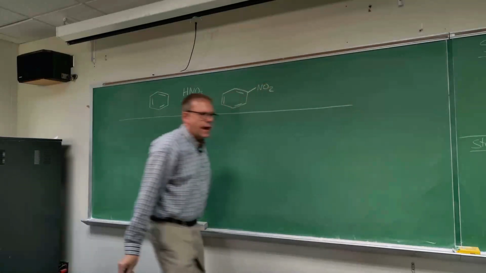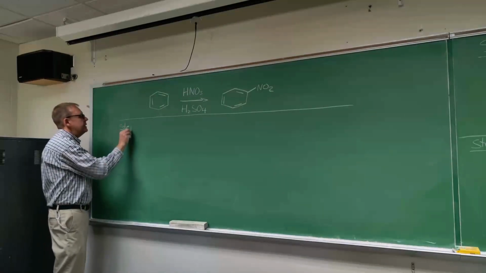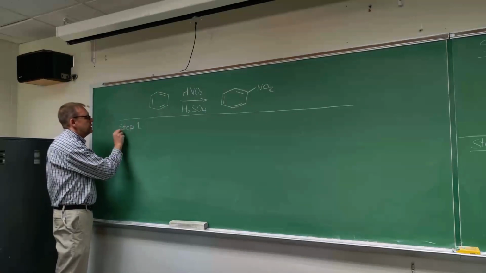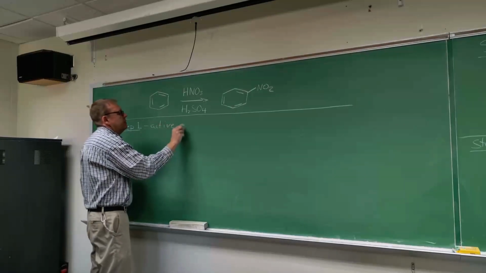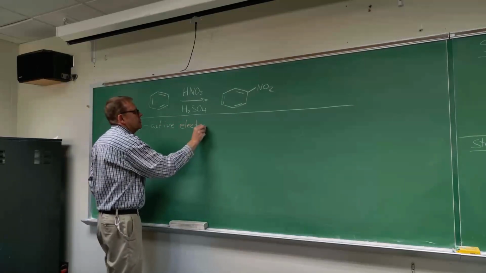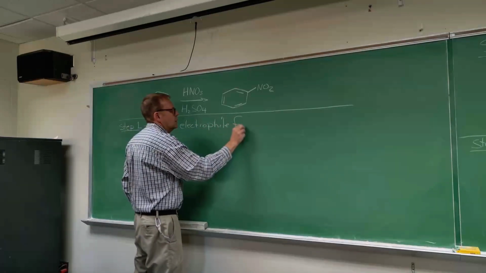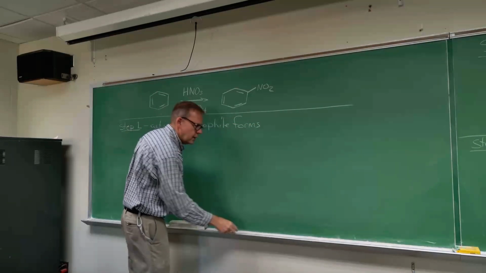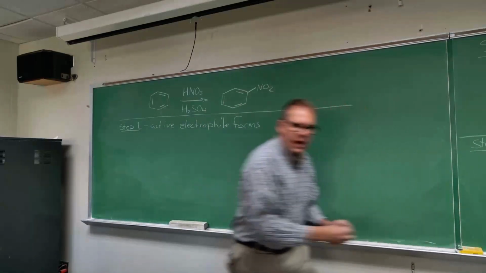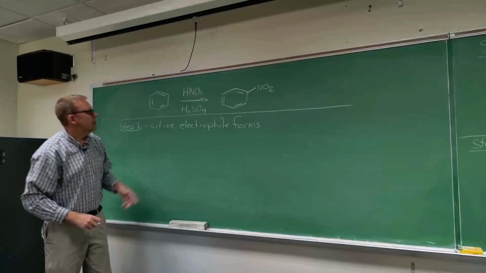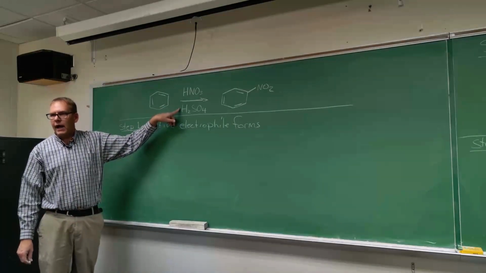So step 1 is active electrophile formation. And it's interesting for nitration. It's kind of a crazy situation when you mix nitric and sulfuric acids together, because these are both very strong acids.